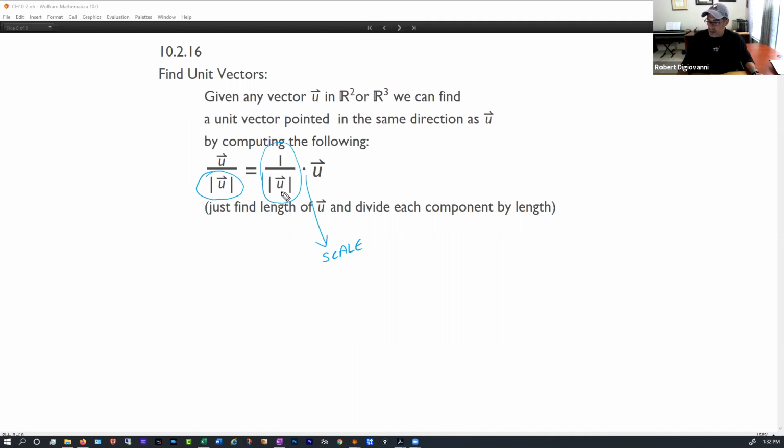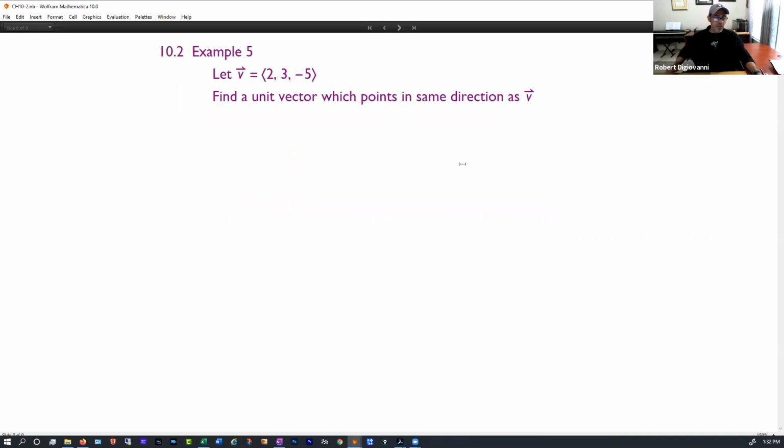Let me show you with an example. Find the unit vector which points in the same direction as v. All right, so we have this vector v, and we need to find a vector that has a length of 1 that points in the same direction as that. So first thing I'm going to do is find its magnitude. So what is the magnitude of v?